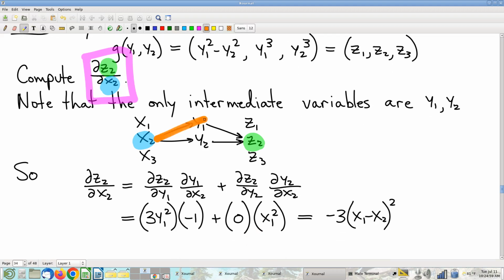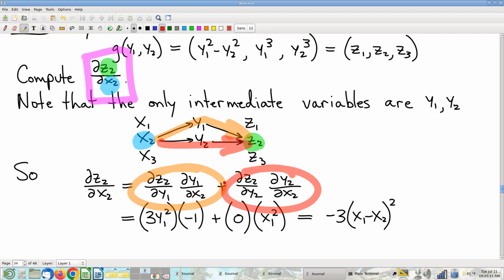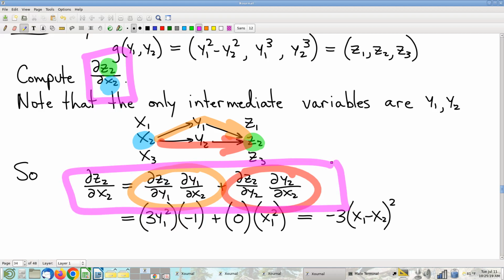And I can see here there is a y1 path. Boom, there it is. There is a y2 path. Bam, there's my y2 term. And so just from the diagram, I've generated the appropriate chain rule for computing this composed partial derivative. What do you think? Everybody happy?